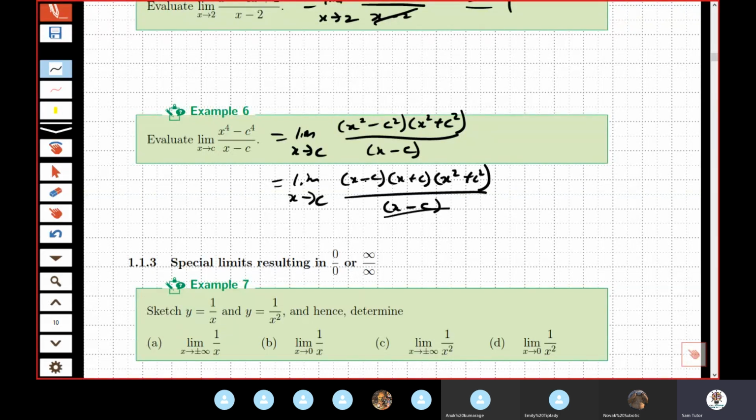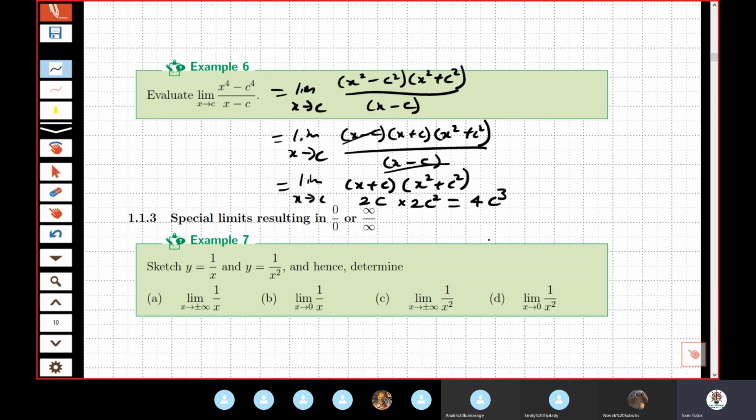Now I can get rid of this, and then I'm going to sub in, well, I'll just write it one more time. Okay, and then you sub in c. C plus c is 2c times c squared plus c squared is 2c squared. 4c. Any questions for that one?